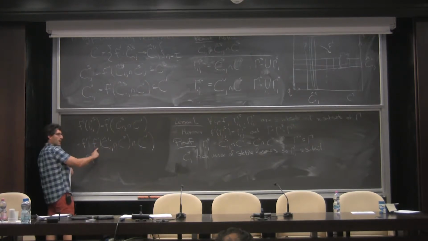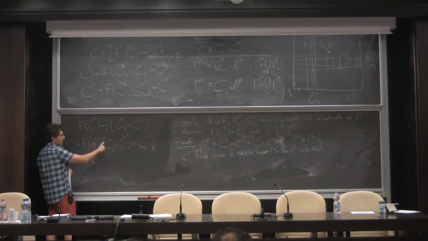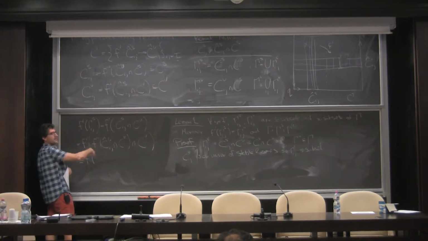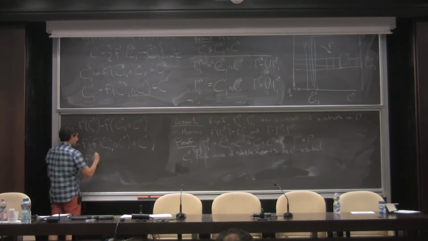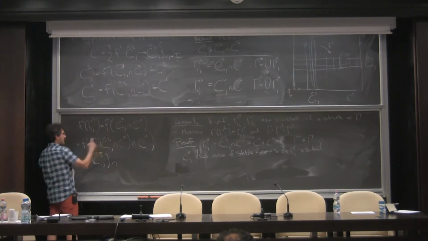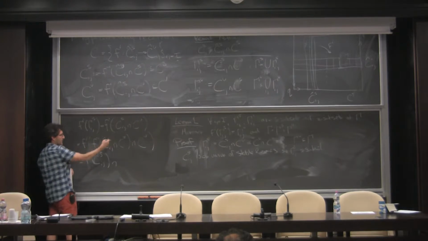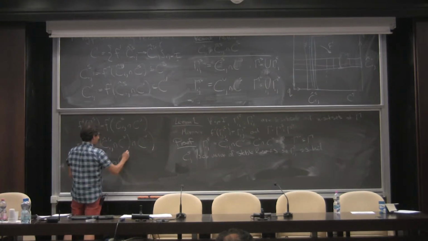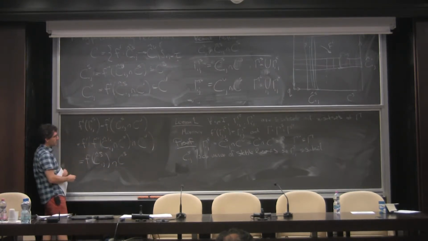F minus I of C hat Uij is just C hat Sij, because this is the unstable strip, and F minus I brings it back to the stable strip. So I get Fi of the stable strip here. And then here, I take F minus I of Cs, and Fi of Cs, they cancel out, so I just get Cs here. These are just inverses of each other.